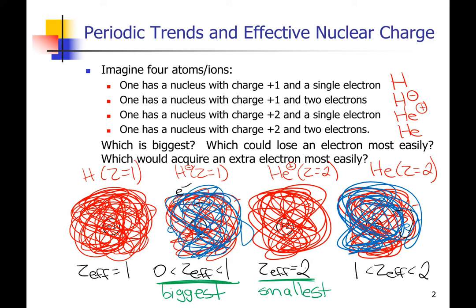What about the others? Well, we have our biggest as the hydride anion, and we have our smallest as the helium cation.